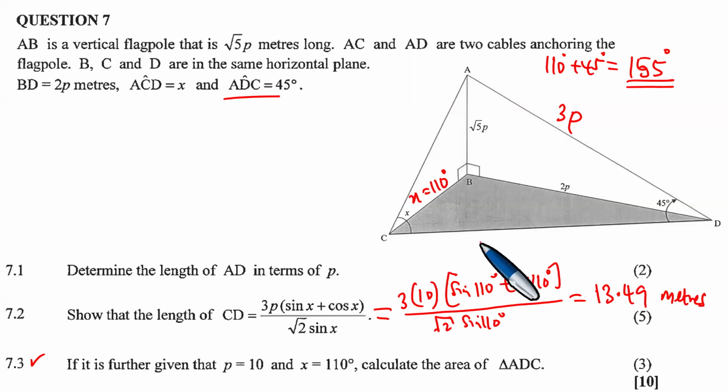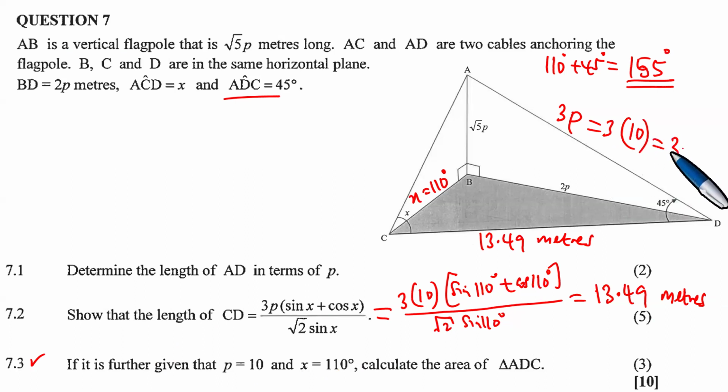So if the CD is actually 13.49 meters, and this one is 3P, P is 10, so this is actually 30.